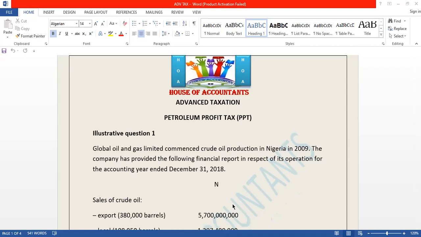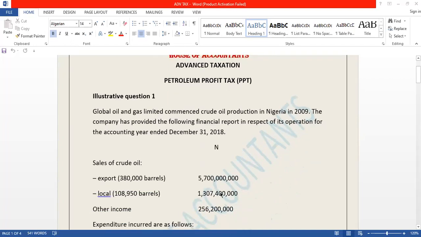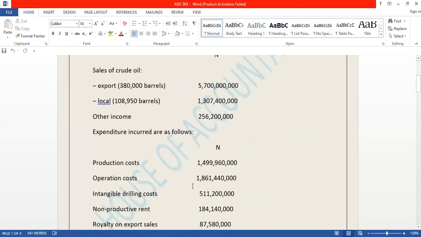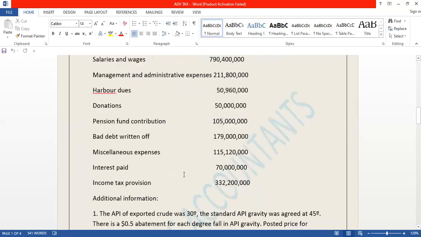Now, under this, you'll be given the standard price, and then you'll be given the actual price of the gas, and also you'll have the load factors, and you'll have the gas factor as well. So this question is a complete question.